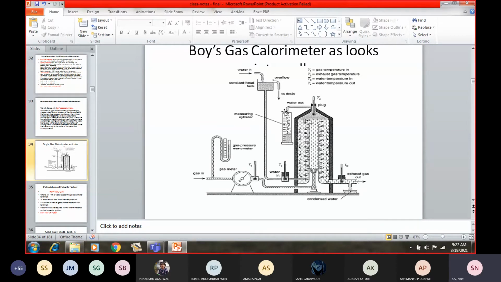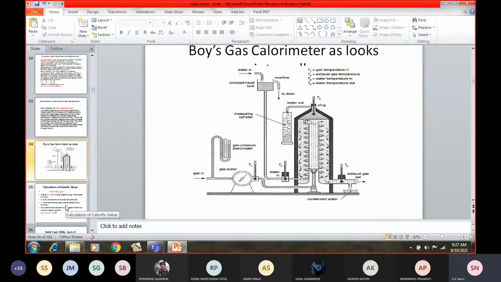So this water which has been collected here will remain here, and the condensed steam which has been collected, you can collect it here. You know the volume of condensed steam, so the mass can be determined. You know the volume of the circulating water. The mass of water W can be determined.